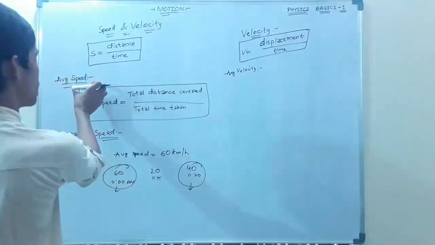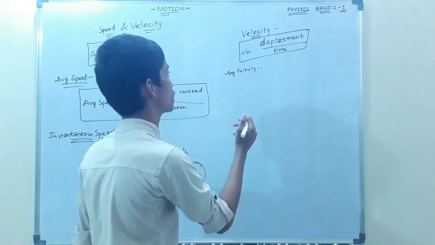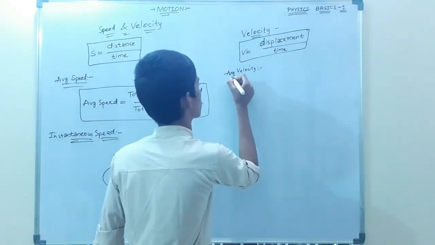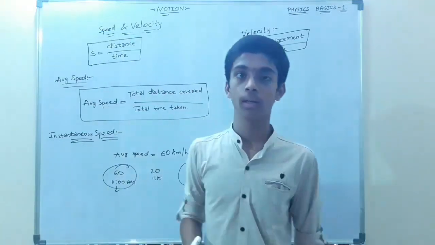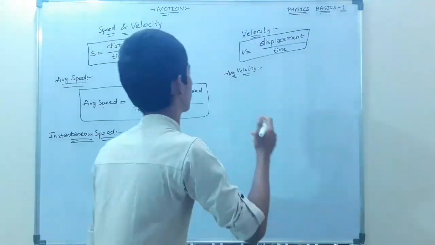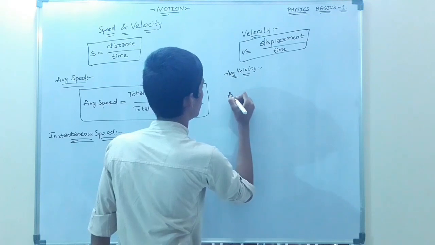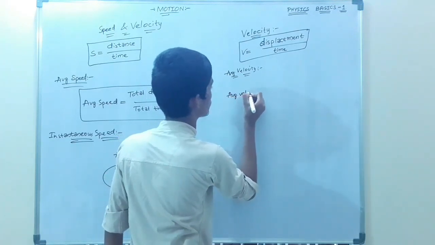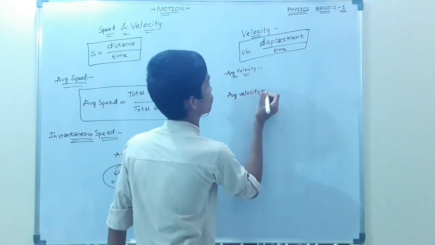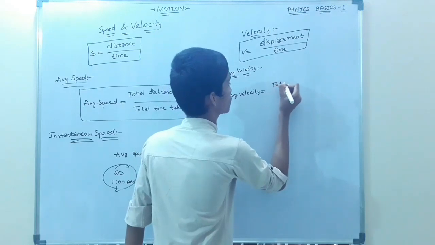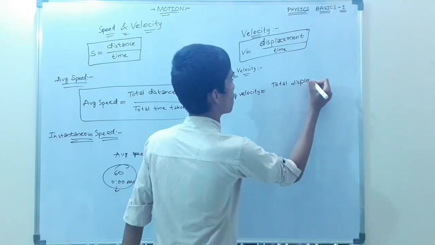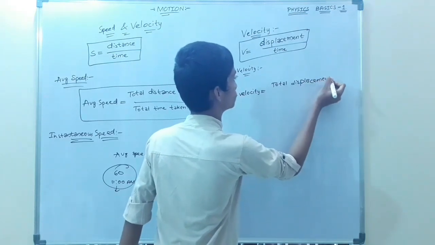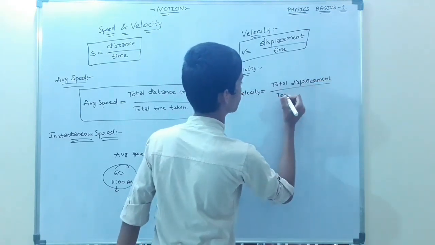Same as average speed, but it changes to displacement. It is defined as the ratio of total displacement to the total time taken. That is, average velocity is equal to total displacement by total time.